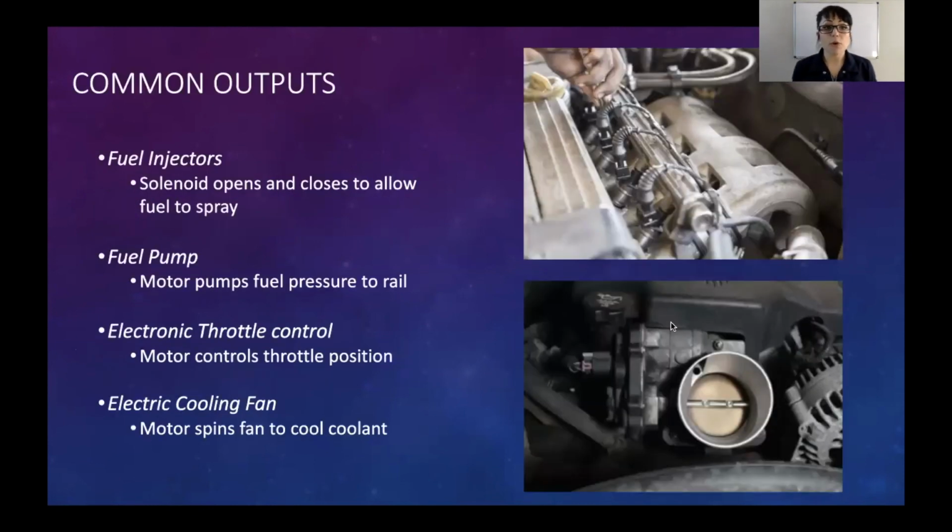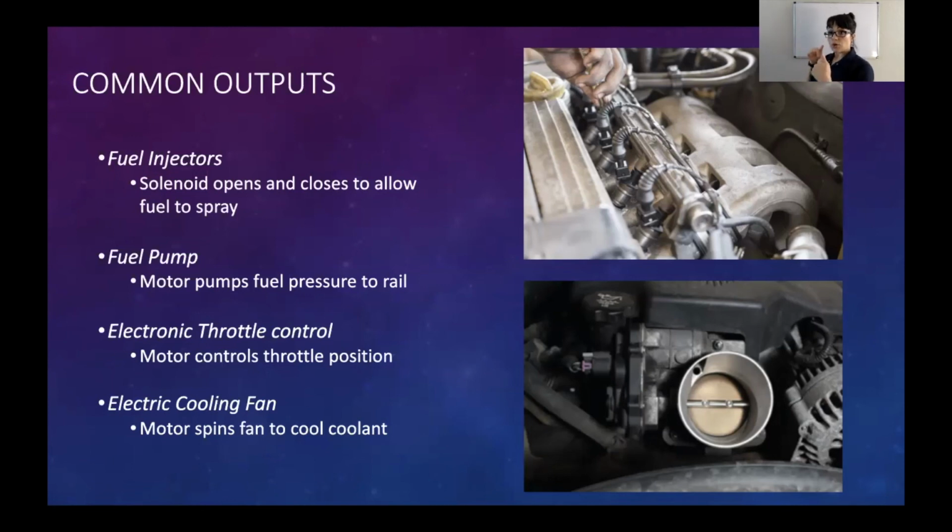Common outputs are going to be, like I said, fuel injectors. So we got a picture right here of our port fuel injection system. Here's our fuel rail. Here are our wires going to them. Fuel pump, as I mentioned, electronic throttle control. So you can see here on this shaft, I might have an electric motor. When you press on the pedal on a design like that, I've got a sensor for my accelerator pedal.